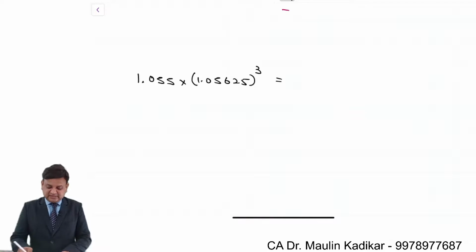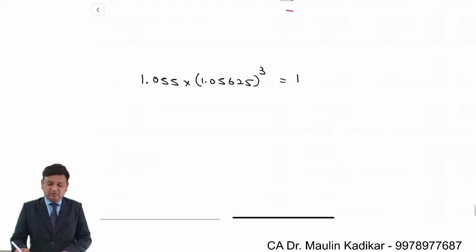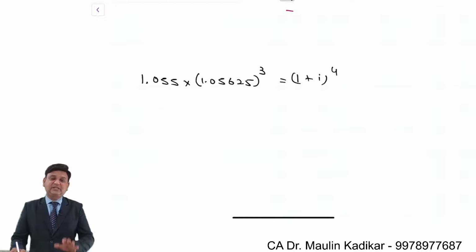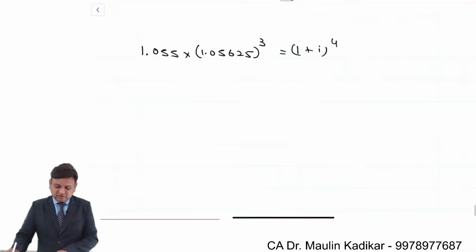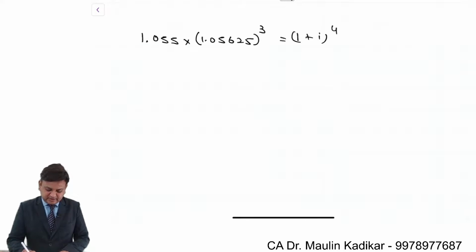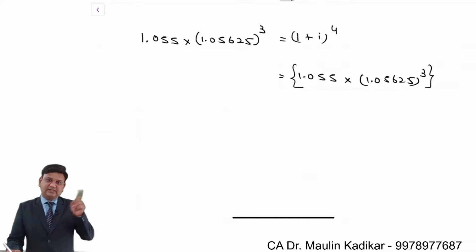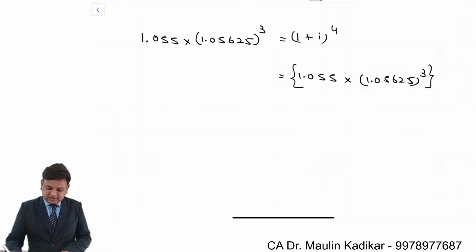So we understand that for every 1 rupee that we have borrowed at I rate of interest for 4 years will have this much rate of interest on the per annum basis. So when you solve the equation, how will it be? 1.055 into 1.05625 raised to 3 whole raised to, the raised to 4 will go to the other side, so what will it become?